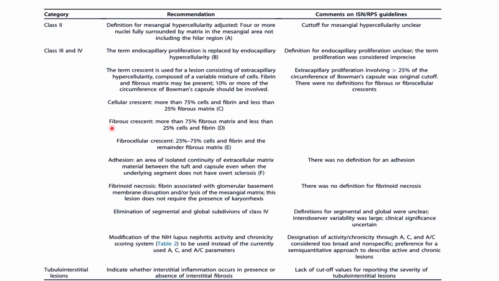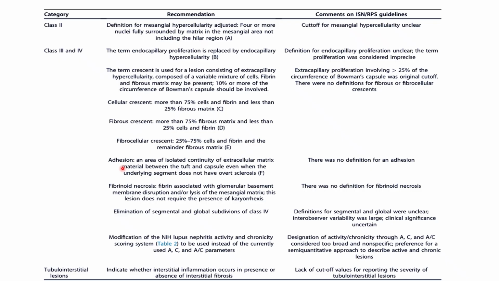So what is a fibrous crescent? When the fibrous matrix is more than 75% and the cells and fibrin are less than 25%. These are the definitions of cellular, fibrocellular, and fibrous crescent.